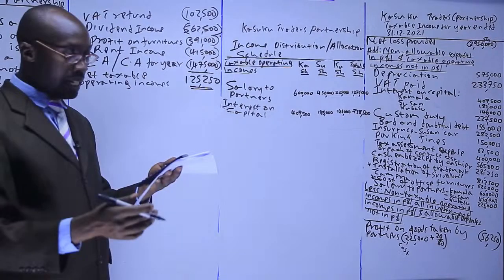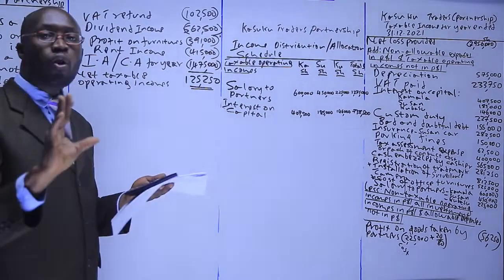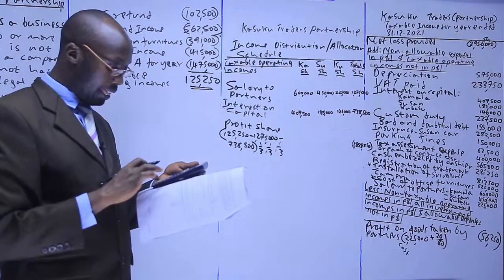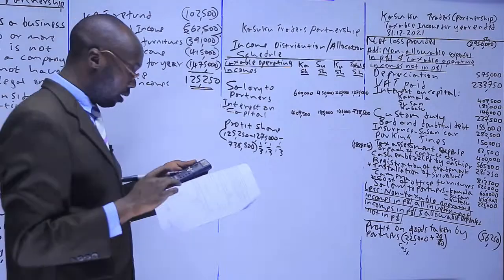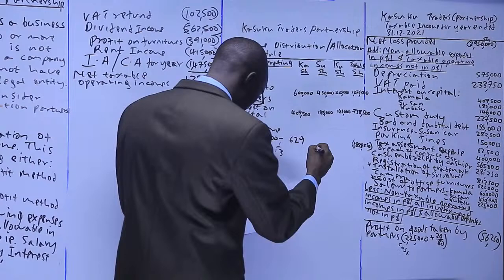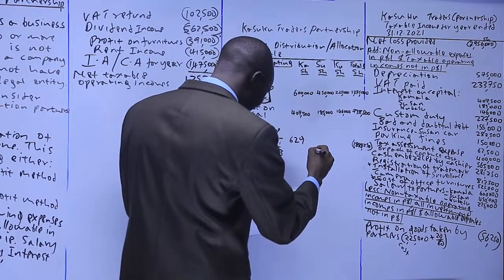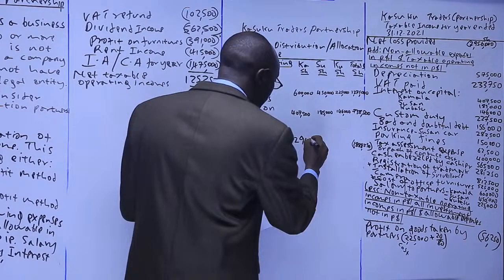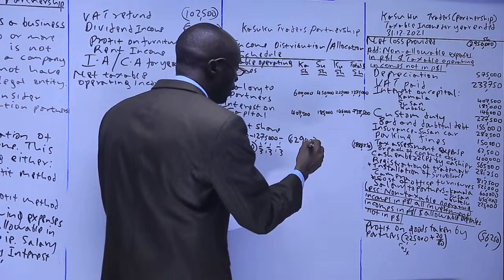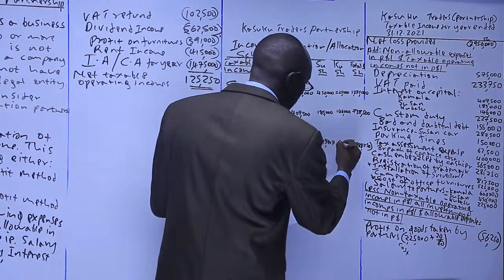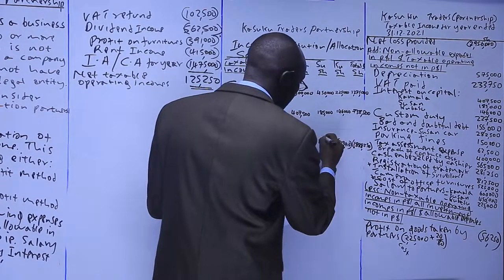But I'm very sure as we went through the question, there were no commission or bonus to the partners. Which is a negative. Same case here, because it's for each, and the other one is 629,417. All they are, remember, are negative.